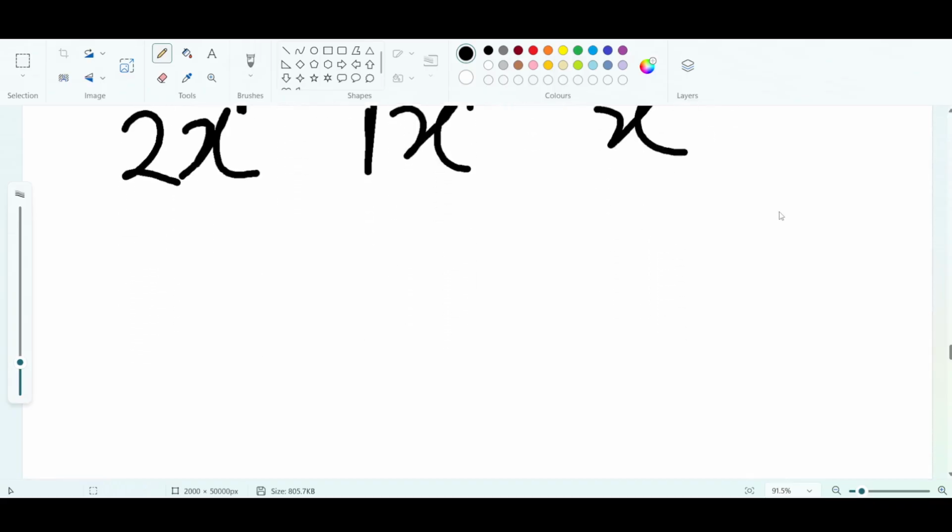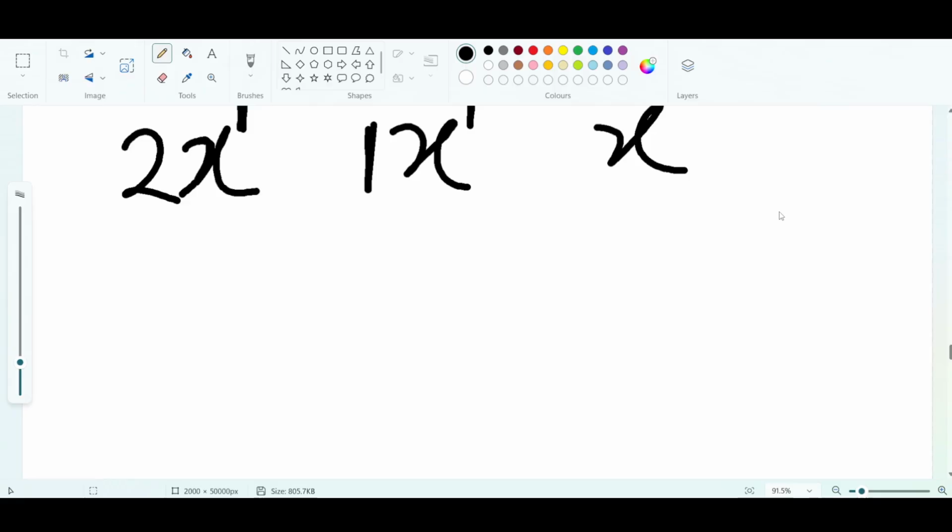Now we could also have letters multiplying and adding each other. For instance, when we say x times x, it is going to be x raised to power 2. That is the power.